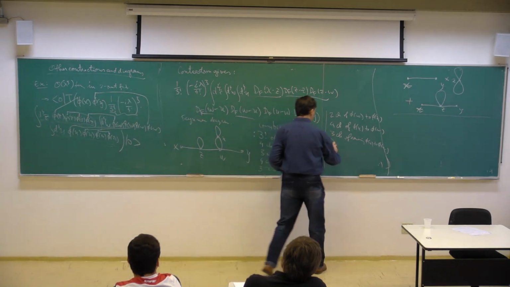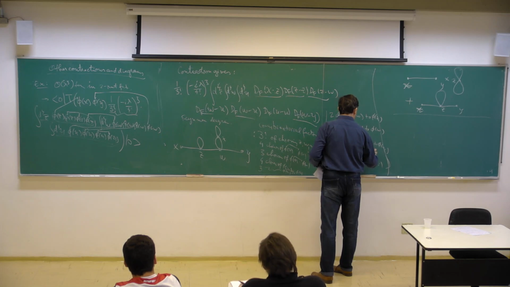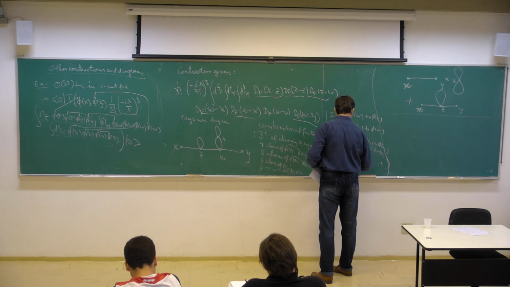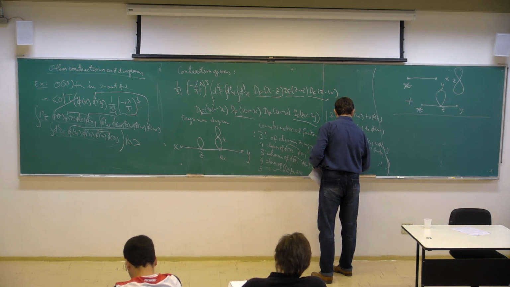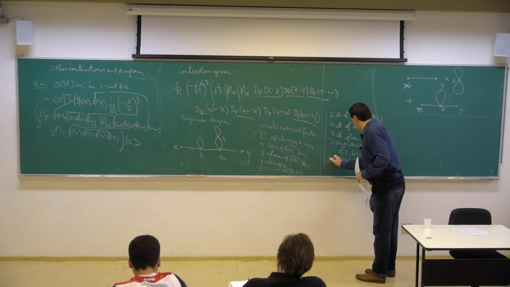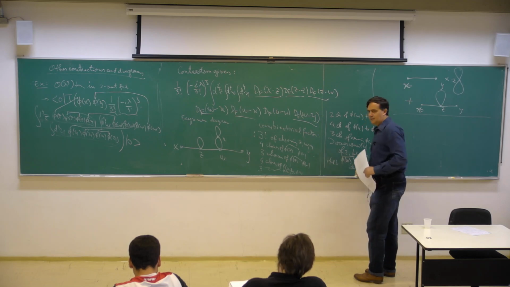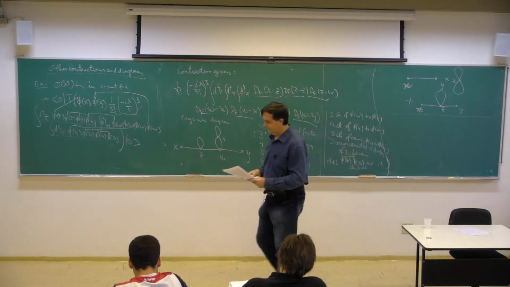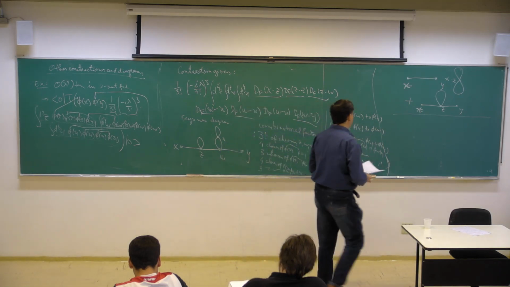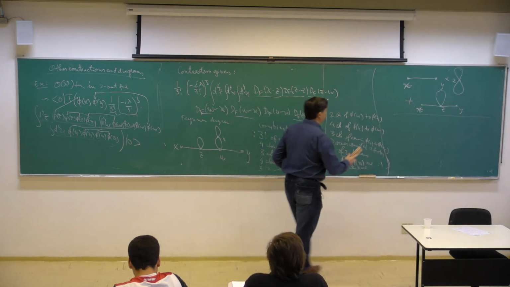So I overcounted a factor of 2, because the 2 phi of w, phi of u contractions are identical. Okay? Alright, so let's now write the full answer for this.